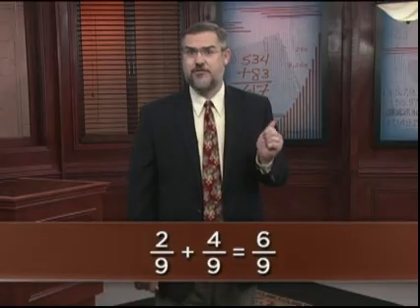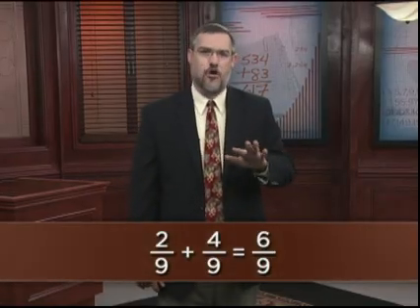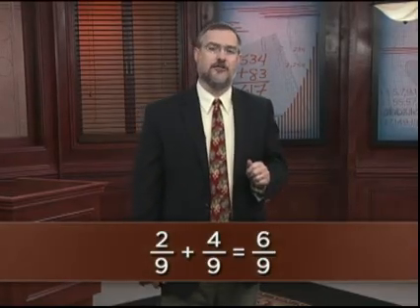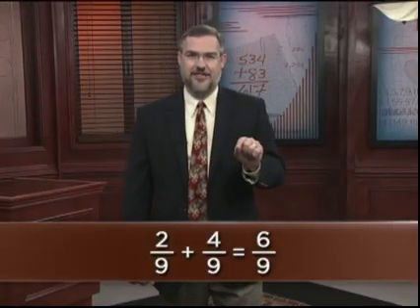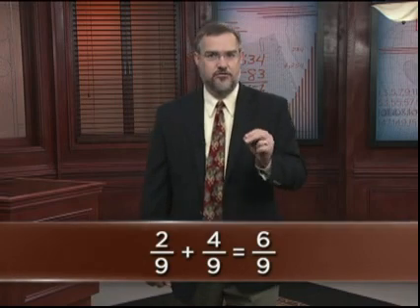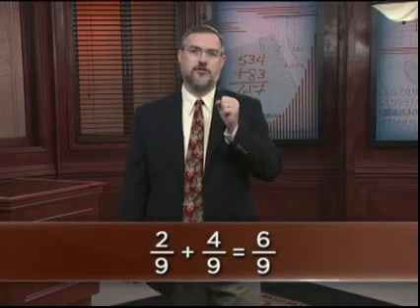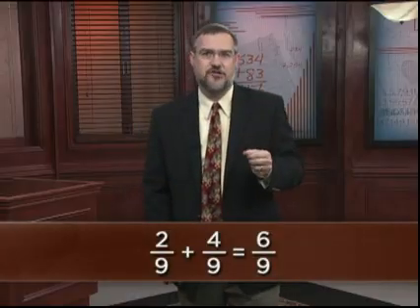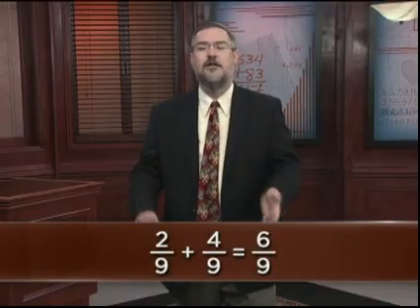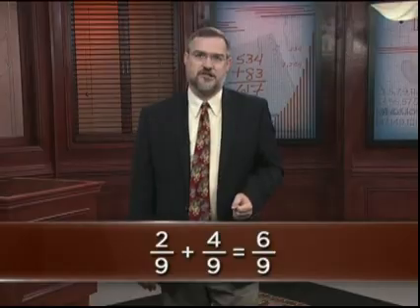And it turns out in the previous examples, the final answers were already in reduced terms. You can go back and look at that if you'd like. But here, my answer of 6/9 is not yet in reduced terms. And you always want to do this. You want to look at a fraction answer and see if it's in reduced terms. Reduced terms are the best, if you will, as we talked about in our previous lesson.